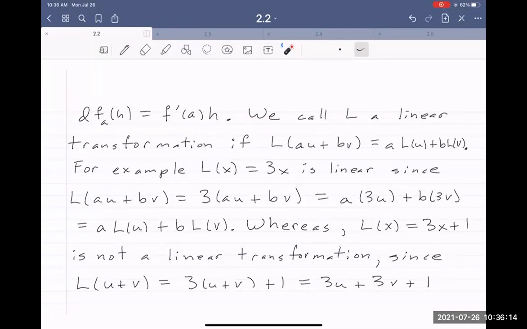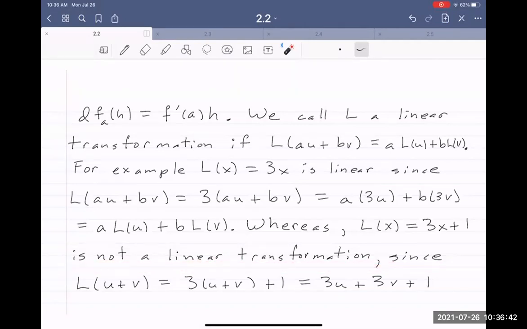It's an affine function. It's an affine transformation. But I still call it a linear function, just because that's what they call it in high school. Okay, so whereas L of x equaling 3x plus 1 is not a linear transformation. It's not a linear function.